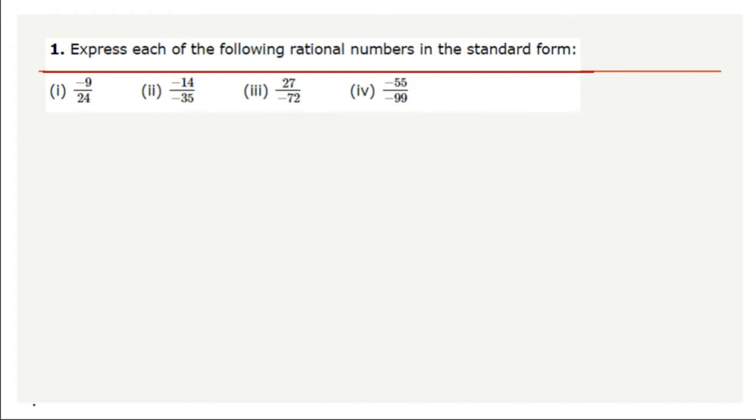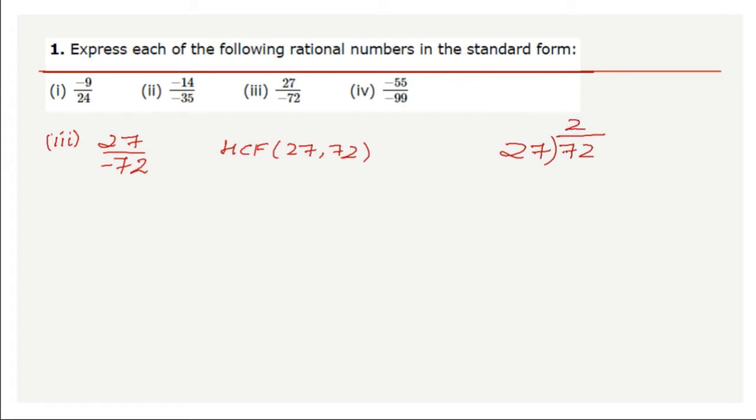Now let us solve the third one. The third one is 27 upon minus 72. So I need to find the highest common factor of 27 and 72. 27 divides 72, 27 2 times is 54, and the remainder is 18.